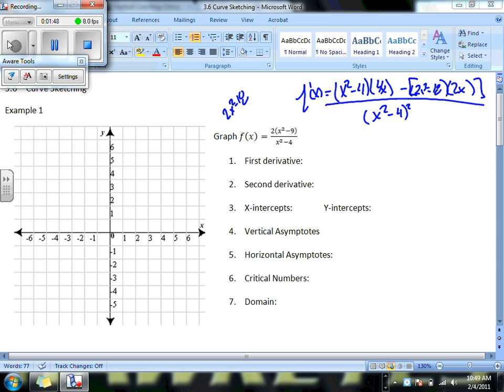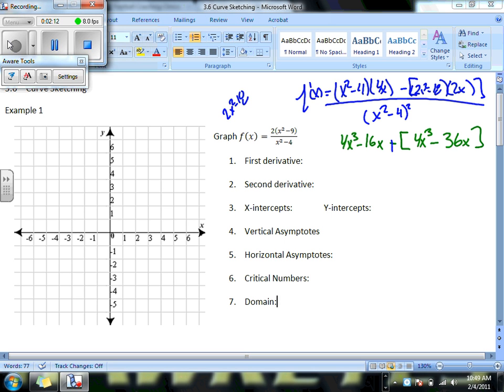Okay, so let's clean up the top. When I distribute my 4x, I'll get 4x cubed minus 16x minus, in the brackets here, a 2x squared times 2x, which is 4x cubed, minus 36x. And let's just go ahead and cancel out here.